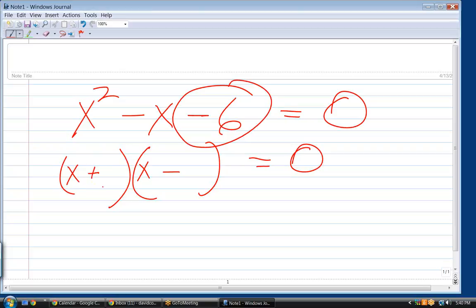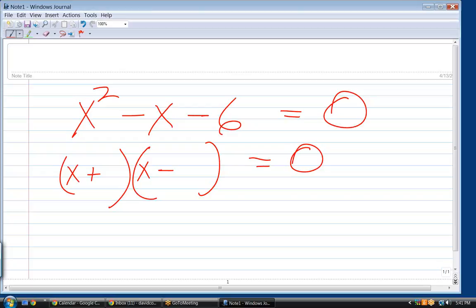Or if I had plus, plus, that would have to be a plus. So I look on the sign of the constant, and that tells me my signs have to be opposite. One has to be plus, and the other has to be minus. I know that much. So that's step 2, to determine what both signs are.